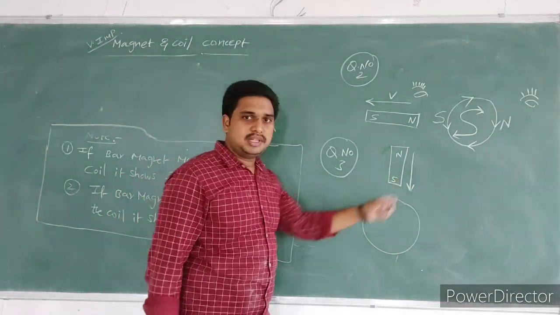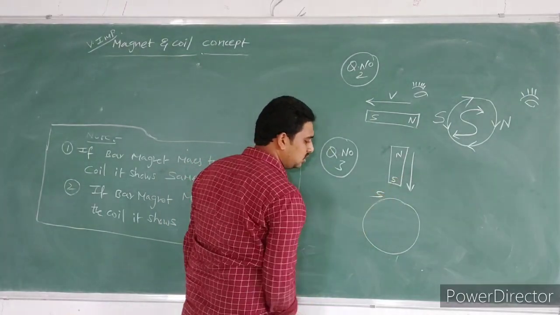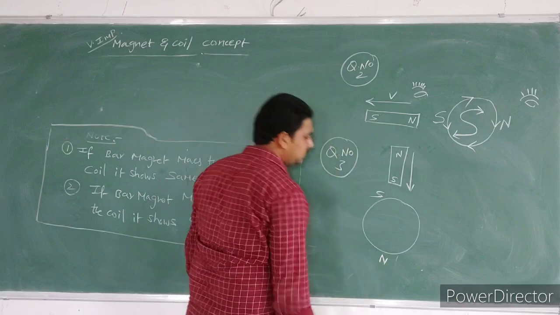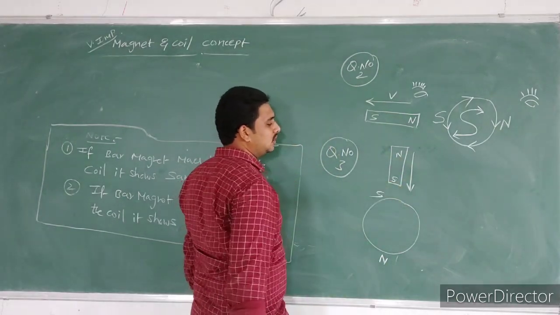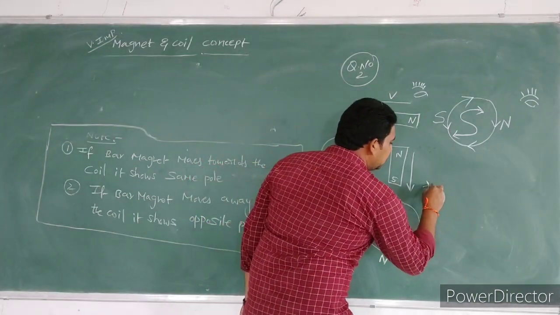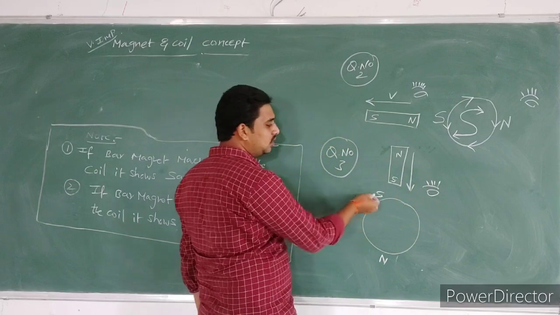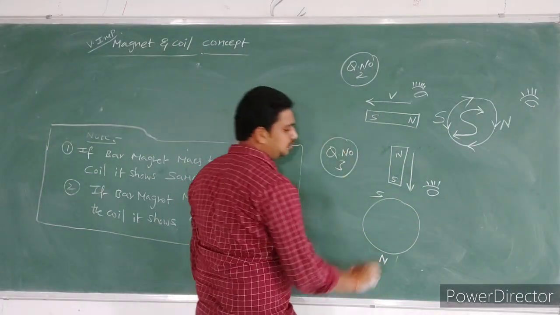This is south, so here it also shows south. That means if you view from the top, it will look like south pole. If you see from the bottom, it will look like north pole.